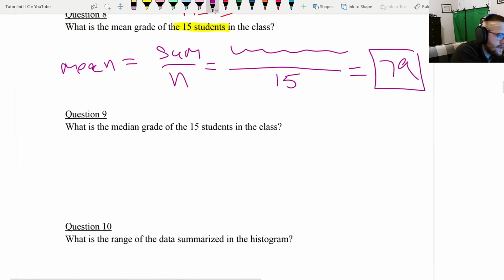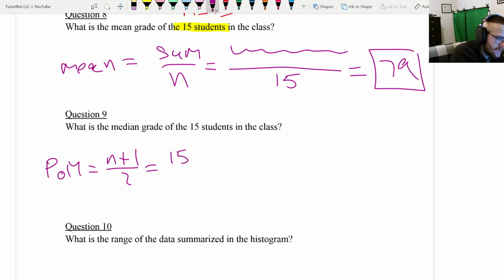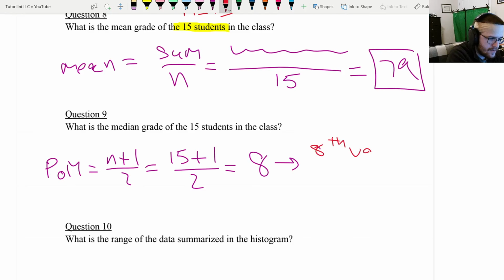Now for this one, we're going to do the position of the median is equal to n plus 1 over 2. So 15 plus 1 over 2. 16 over 2, that's 8. So we have to find the 8th value. That's going to be our median.